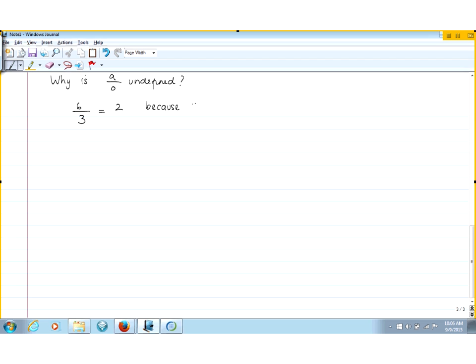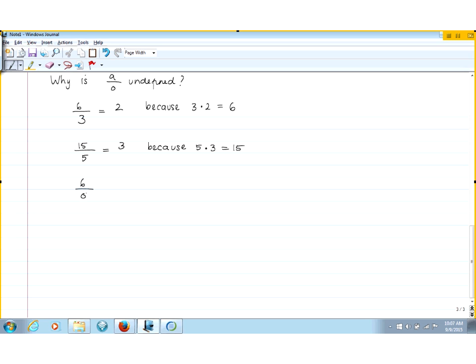What does it mean? Because 3 times 2 is equal to 6, right? Okay. What is 15 divided by 5? 3. Why? Because 5 times 3 is 15.